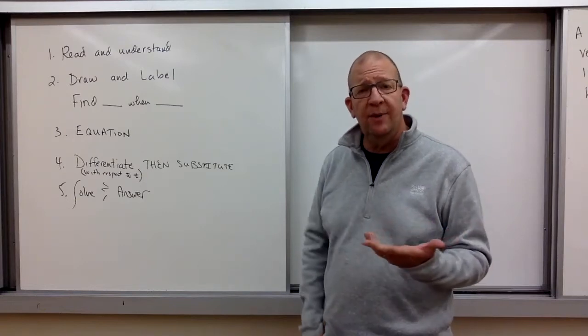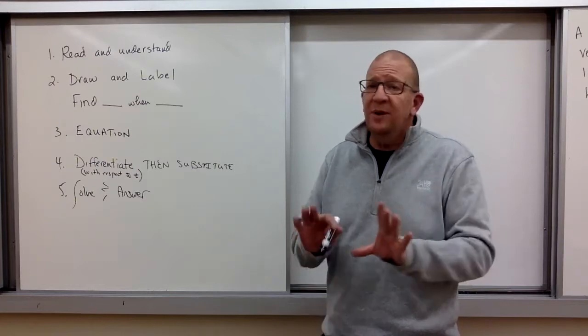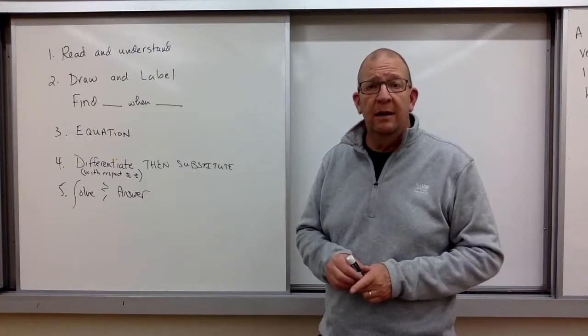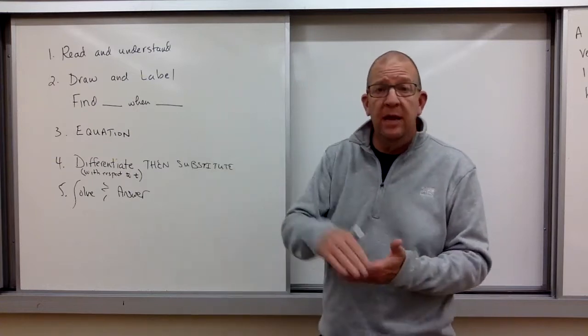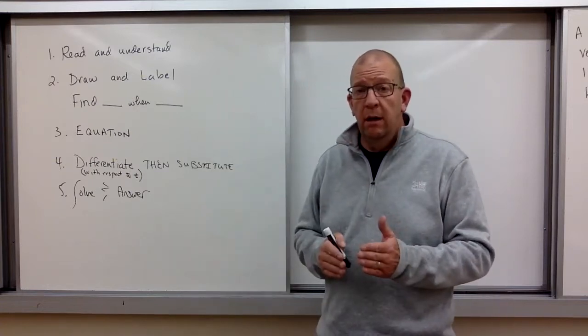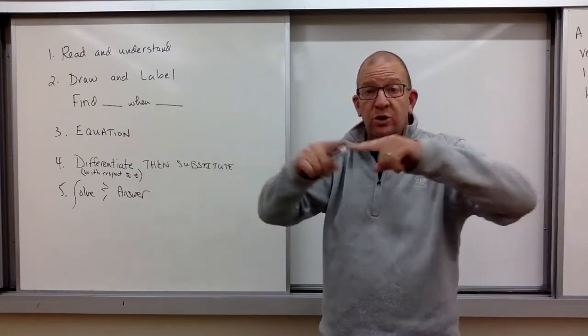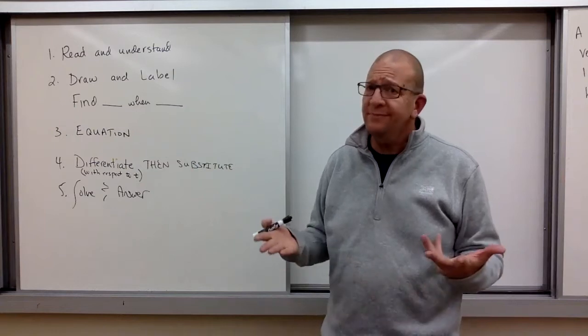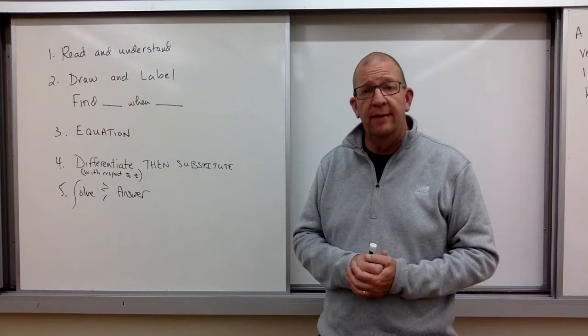Read and understand the problem. And what you're going to find out is that the context of these problems really isn't all that complicated. It's usually water coming in or water going out, air coming in or air going out, 2 cars driving away, and we're measuring the distance between them. I mean, these problems all sound the same after a little while.